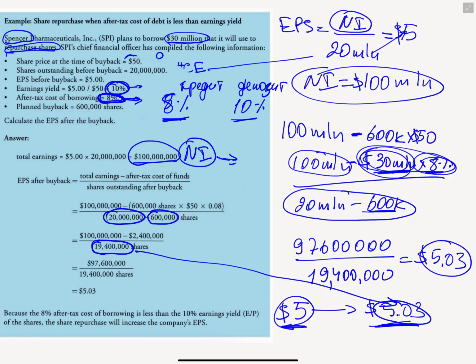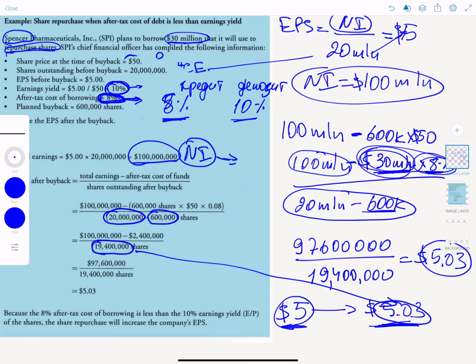This is a situation when the earning yield is higher than the cost of borrowing. Borrowing in that situation is better for paying for a cash share repurchase, to distribute the cash.